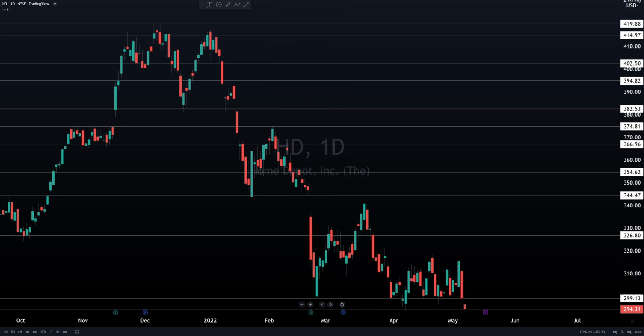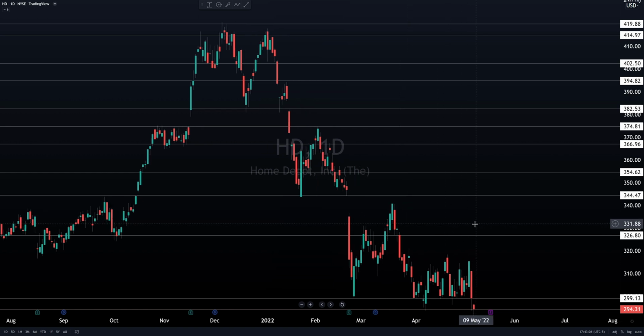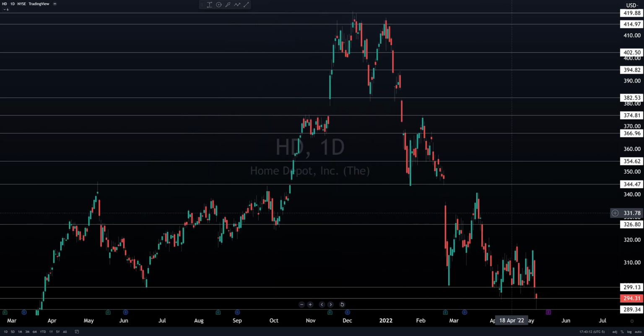So where am I interested? Well, let me see. Can we justify another area to mark somewhere in this range? We can mark the base of this candle. We can go slightly lower and mark the wick of this candle. Okay, so this could work right here. Let's see. We could mark.